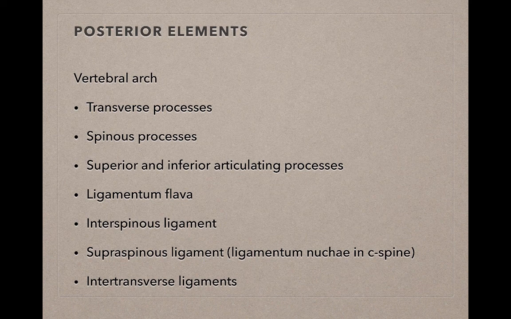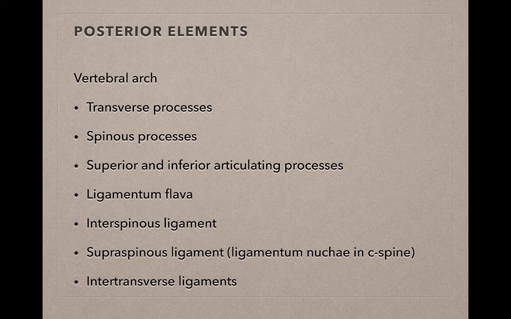It is stronger and more fibrous, though, than the interspinous ligament, and this attaches the tips of the spinous processes, and this is also continuous with the thoracodorsal fascia. So the interspinous and the supraspinous ligaments also resist forward bending. In the cervical spine, the supraspinous ligament is a more expansive ligament, and it's referred to as the ligamentum nuchae.